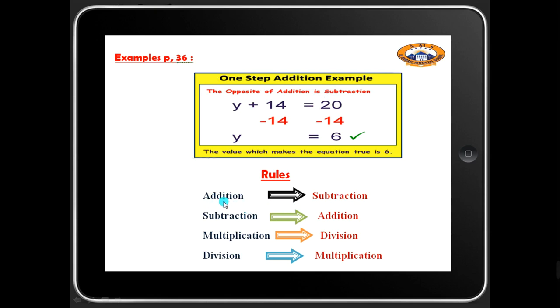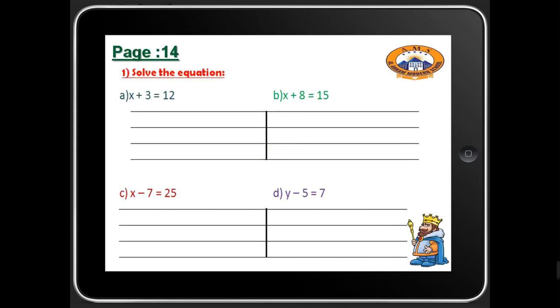If you see plus, move the number to the other part and change the addition sign into a subtraction sign. And if you see subtraction, change it to addition. If you see multiplication, change it to division. And when you see division, so easy, change the division into multiplication. How are you going to do this? By solving exercises about the equation.